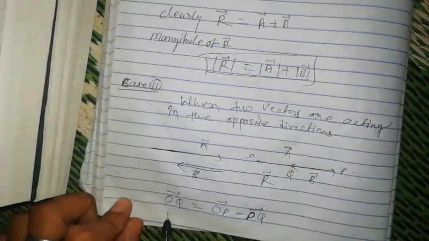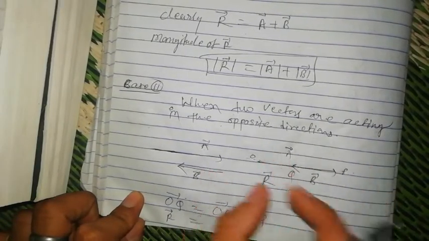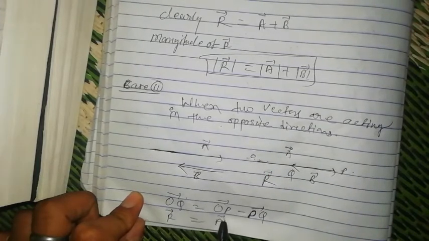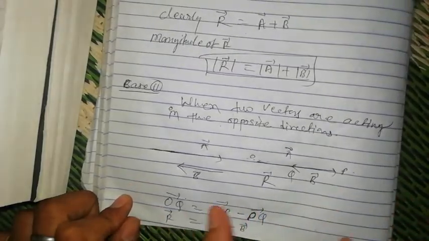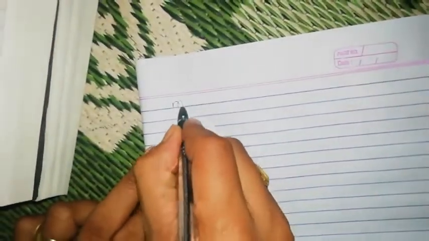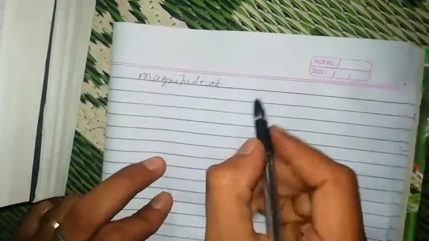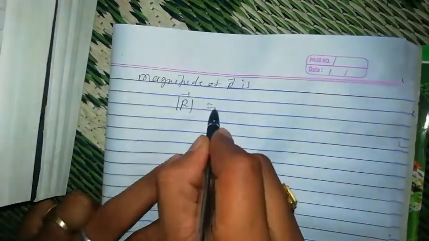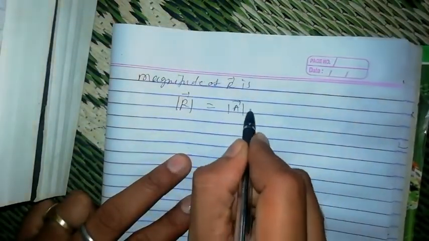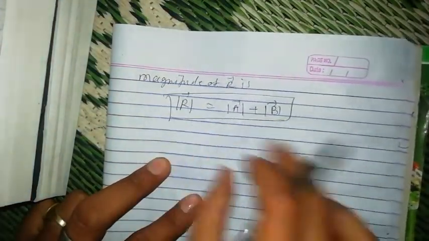Or also we can write resultant vector R is equal to vector A minus vector B. Or the magnitude of vector R is given by mod of R vector equal to mod of vector A minus mod of vector B in opposite directions.